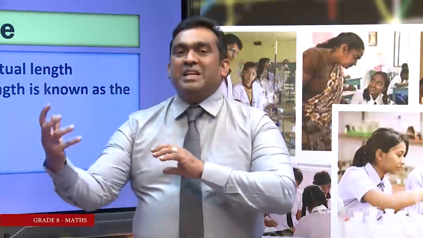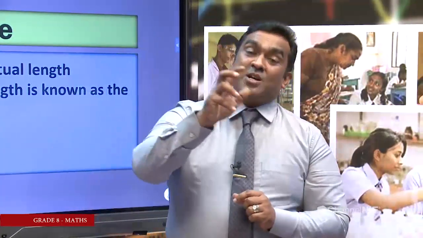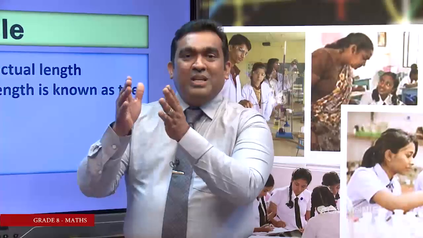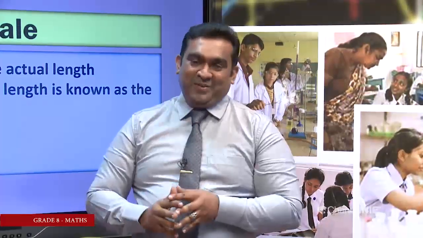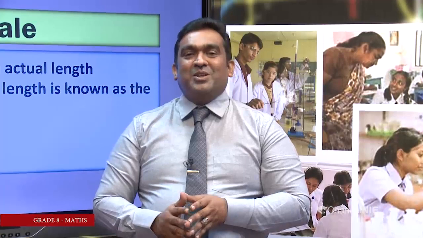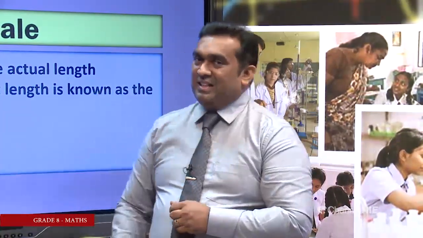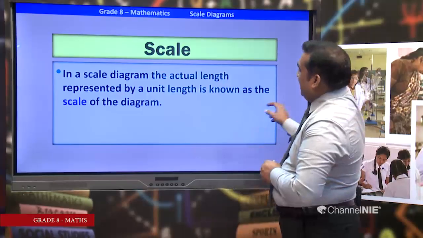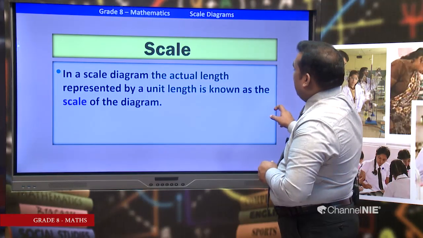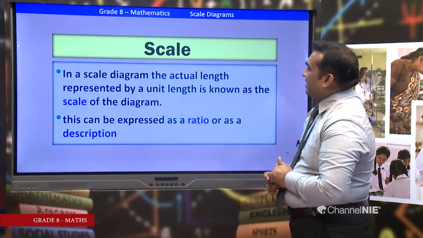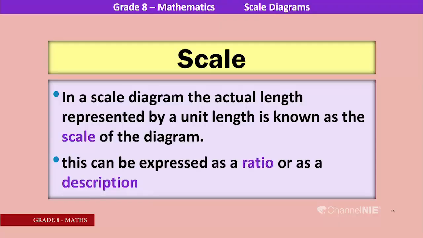If you have 2 centimeters representing 20 meters, divide both sides by 2, because the unit length is needed there. Unit means 1.